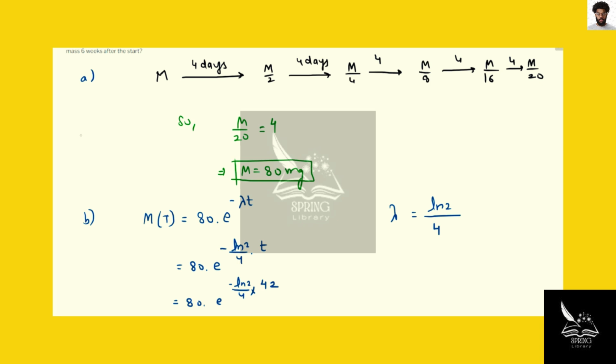So 42 times natural log of 2 over 4, take the minus of this value, raise e to this value, and multiply by the initial mass. So we are left with about 0.06 milligrams after 6 weeks from the start, which is 42 days.